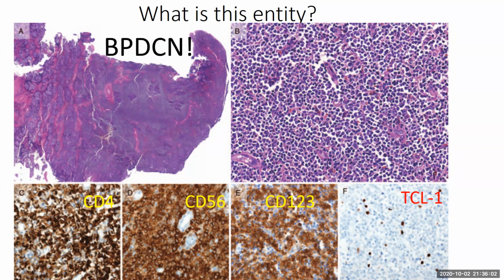So this is probably something Cameron Mirza brought up in his presentation, I think during one of his review sessions. What are some of the other heme malignancies that this can present in?